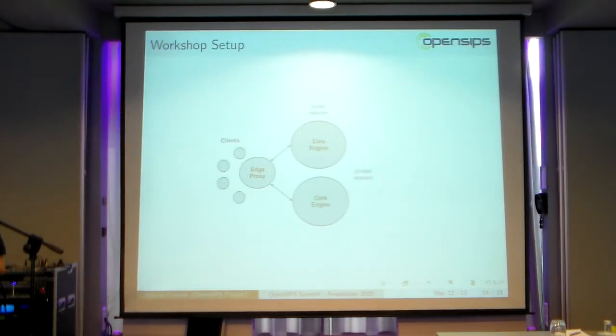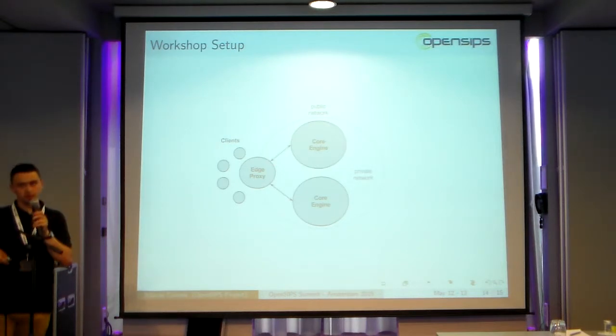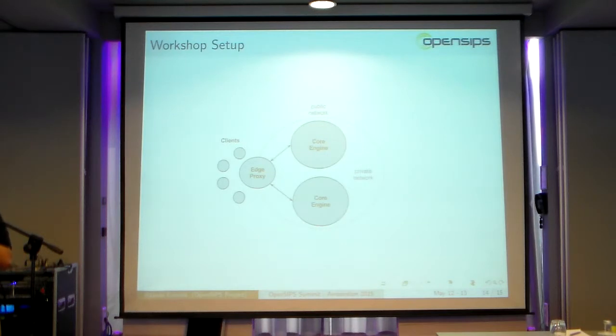In this case, this component doesn't do anything with the SDP, so it's not worth passing the SDP from the edge proxy to the core if it doesn't need it. So that's why we compress it, and then when we send it back, we decompress it.